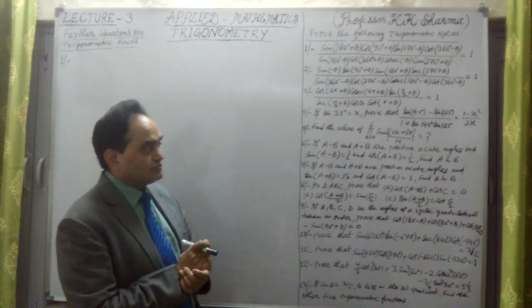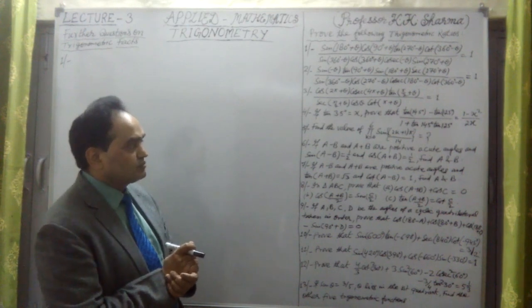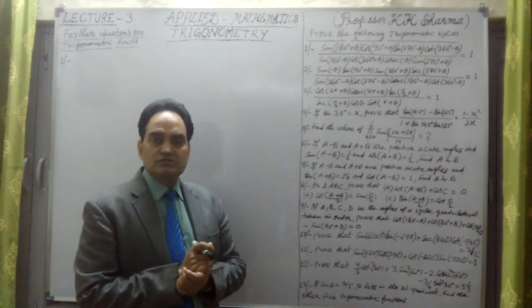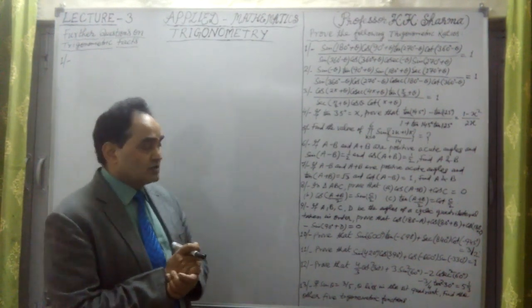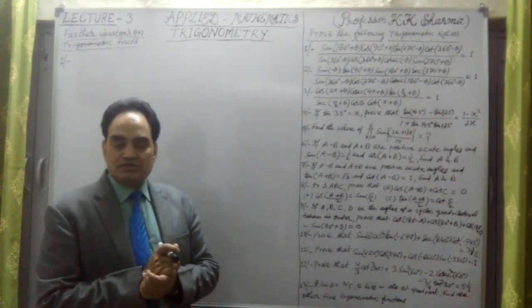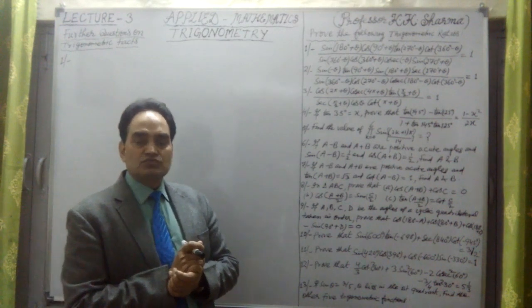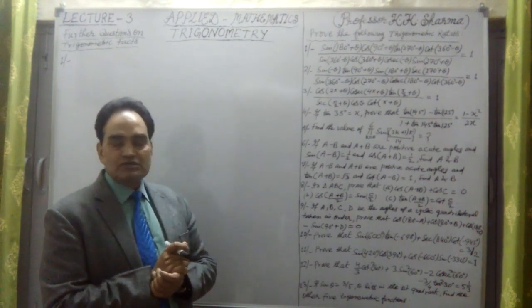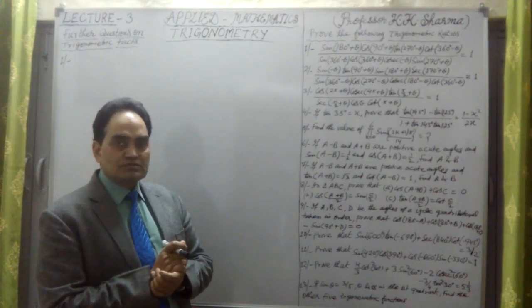Questions based on quadrants or values of the trigonometric ratios or functions in different quadrants. What are the quadrants? Let me remind you: all students took coffee. In the first quadrant, all trigonometric ratios are positive.